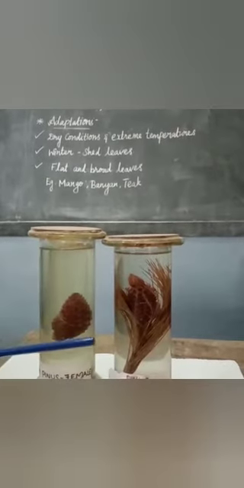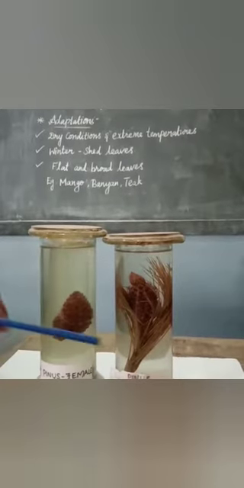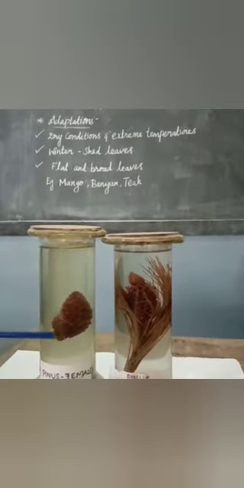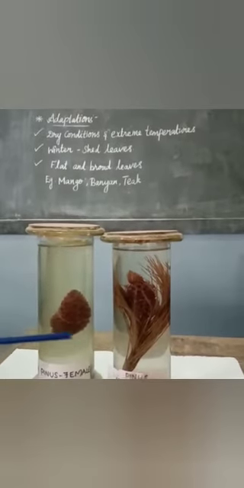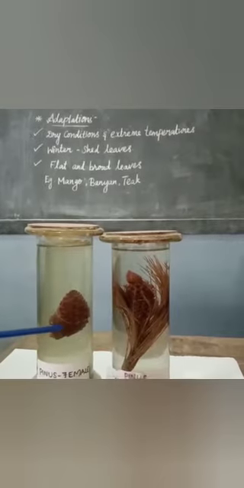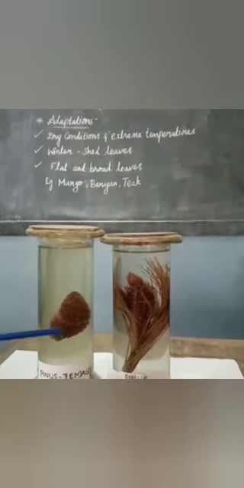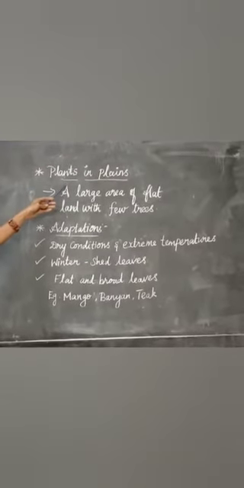And these trees do not shed their leaves. They have a cone instead of flowers. See students, this is a cone. And these cones protect seeds during the harsh winter. Example, pine trees.